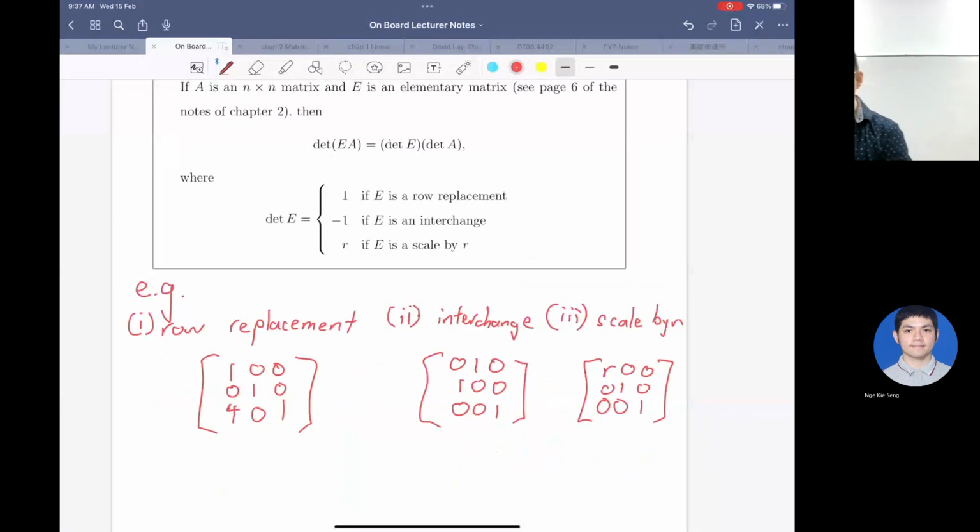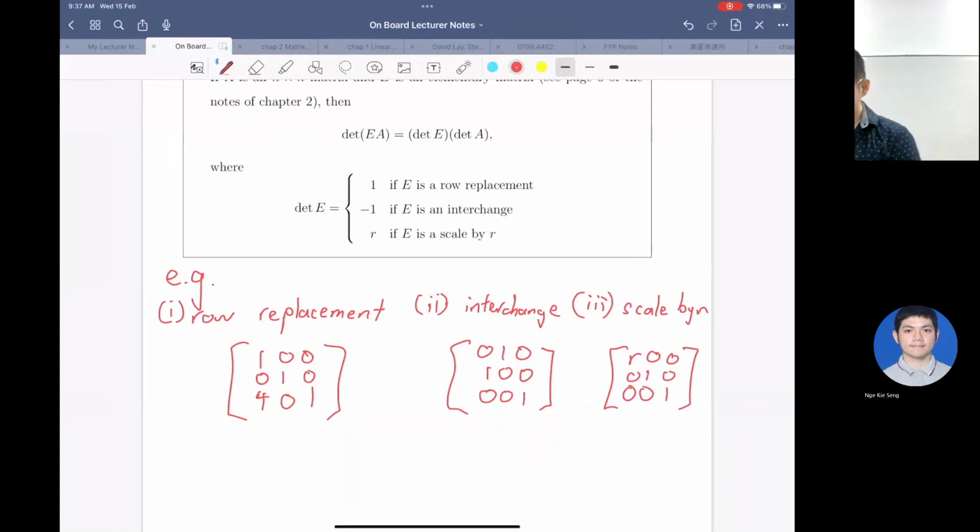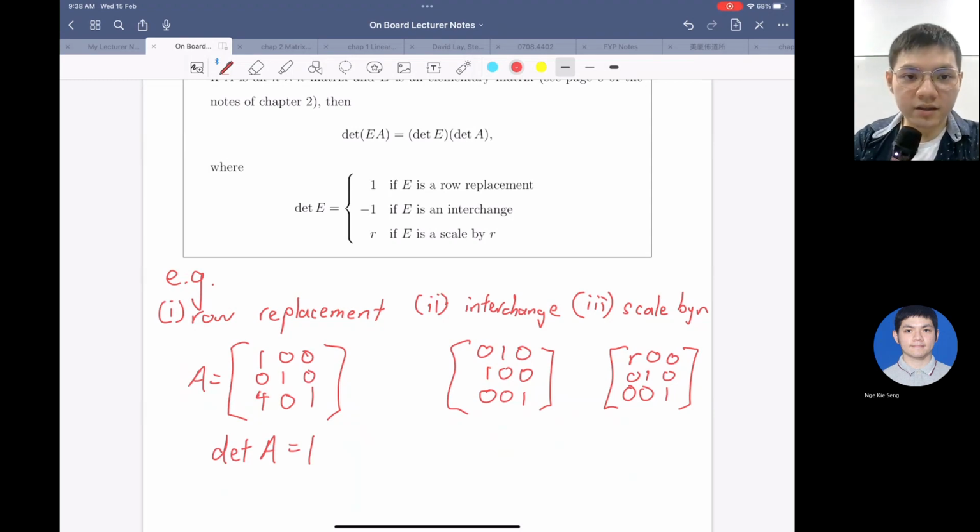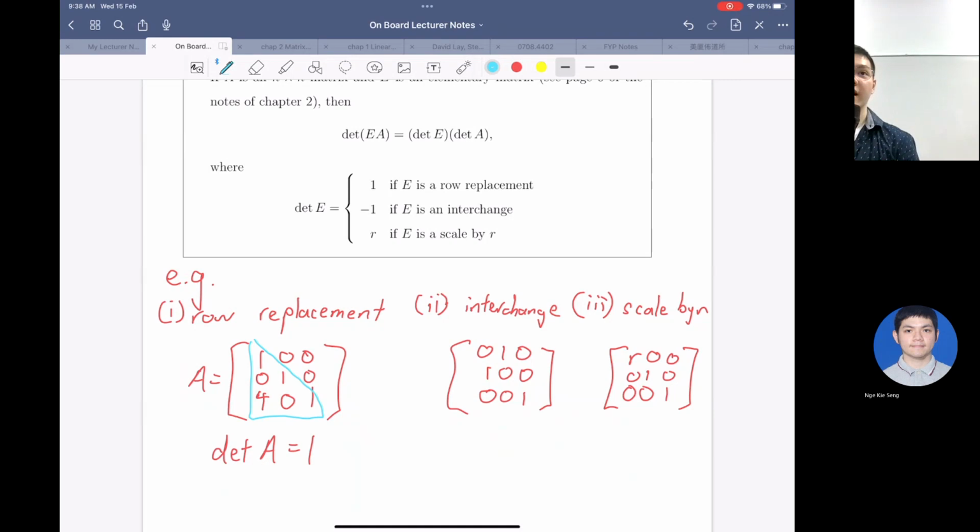So from here, row replacement. Is it obvious that the determinant of this matrix is 1, from what we learned just now? This is a triangular matrix, so the determinant is just the product of the diagonal. So it's just 1 times 1 times 1, which is 1.